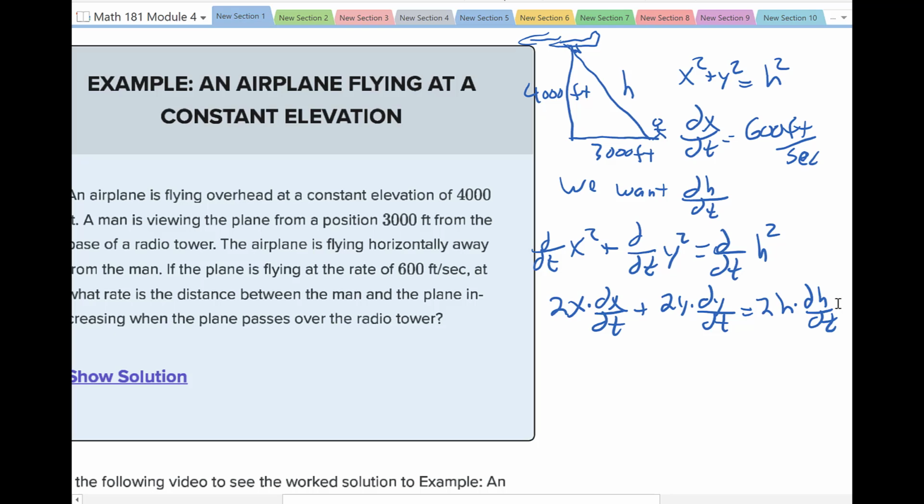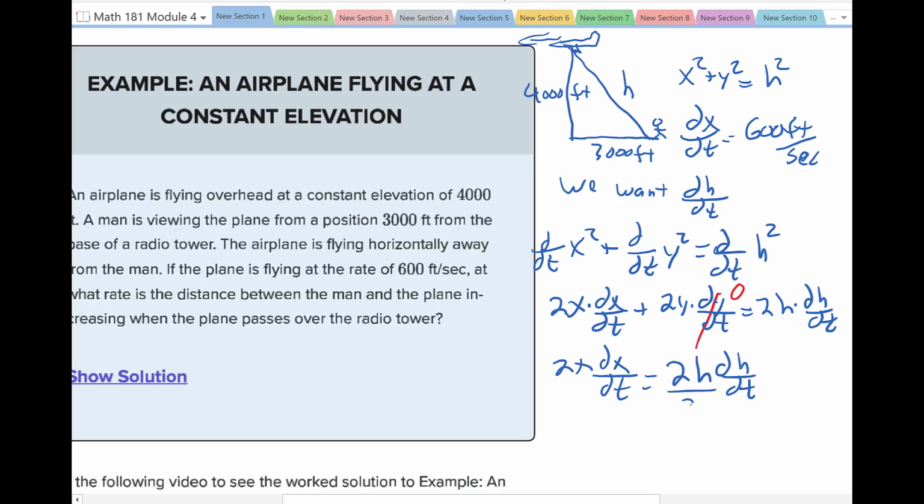Now, this middle term here, that change of our elevation, that's just going to be 0. So this term is 0. So what we're left with is 2x dx dt equals 2h dh dt. And the dh dt is what we're after.